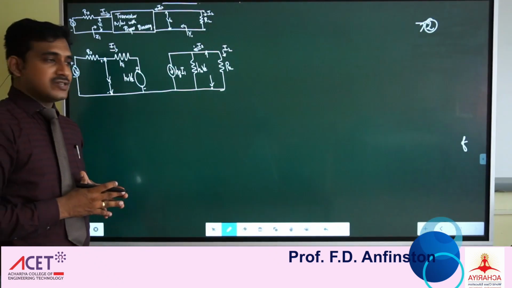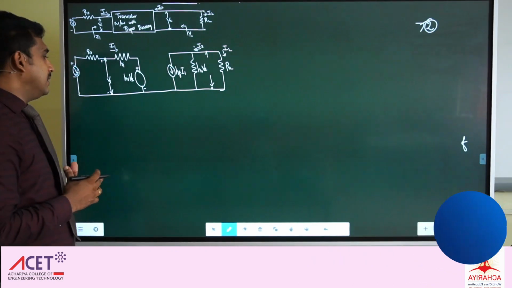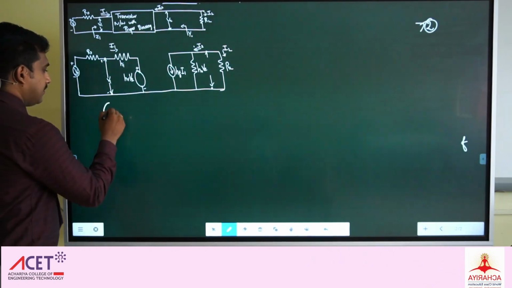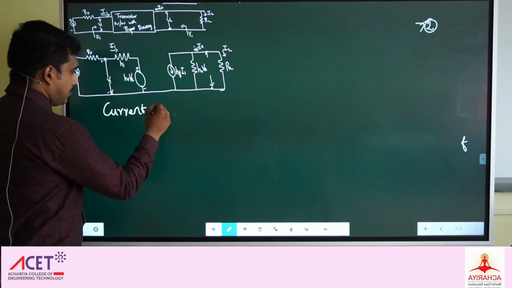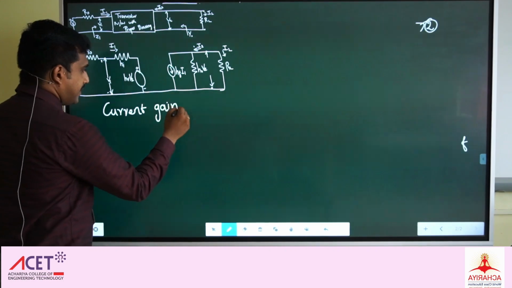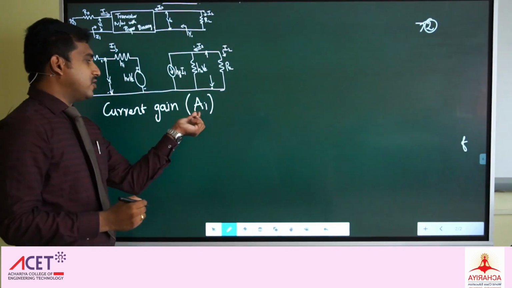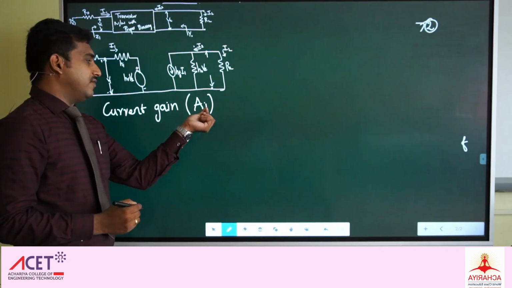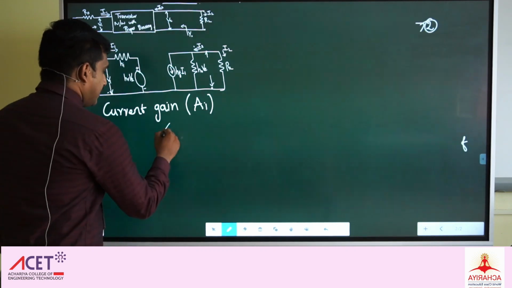Okay, first we are going to derive the current gain of this particular transistorized amplifier. Current gain is denoted by AI. Gain is denoted by A, and since we are going to find the current gain, that's why we are putting AI.